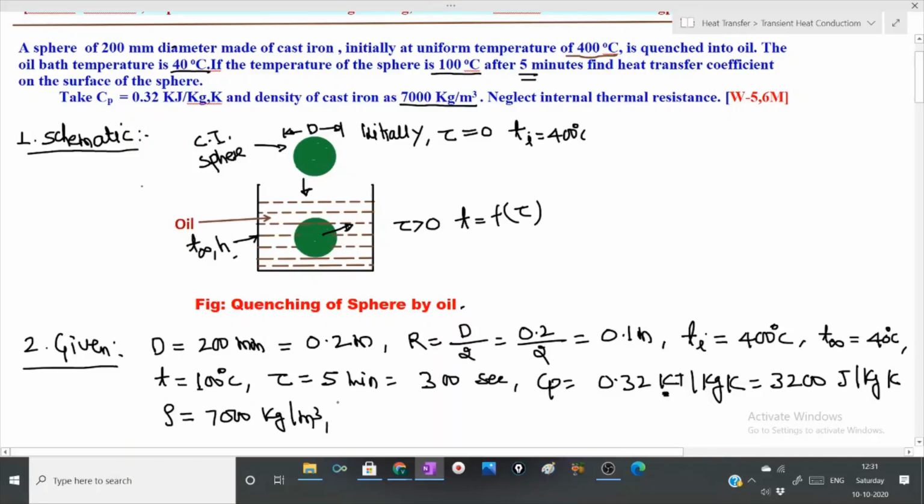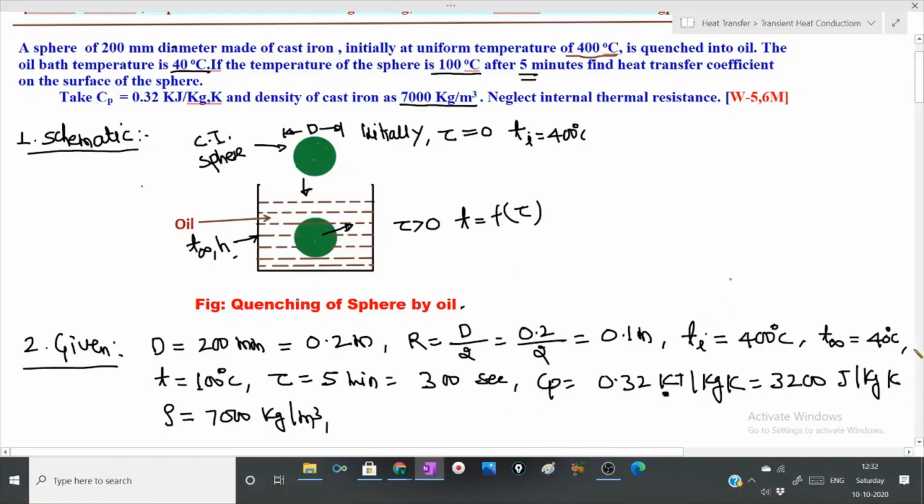Now, while solving the problems on transient heat conduction, it is very much crucial to decide these temperatures. What will be the Ti, what will be the final temperature T, and what will be the fluid temperature T infinity.